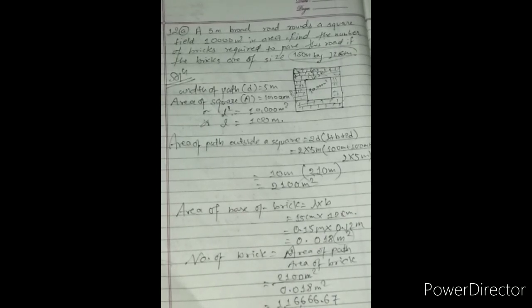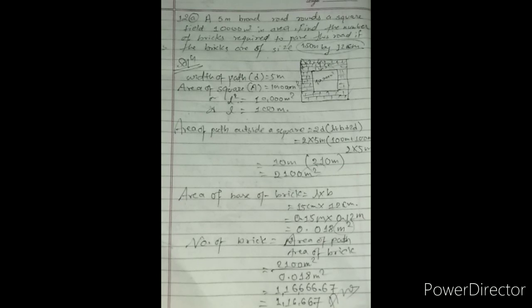Number of bricks, number of persons: if you are finding a number, then we have to increase the value if you get a decimal. This is your required answer. First of all, we have to find the area, and then the area of brick is required, and then we simply divide to get the number of bricks.